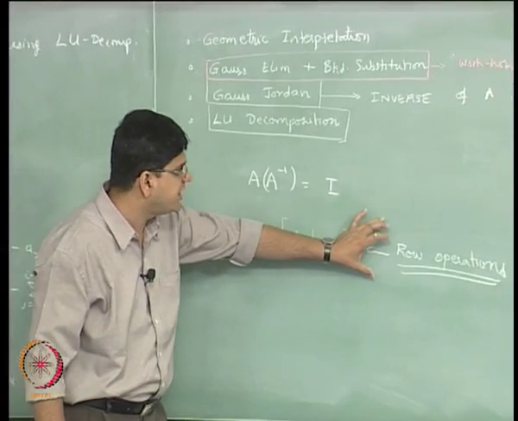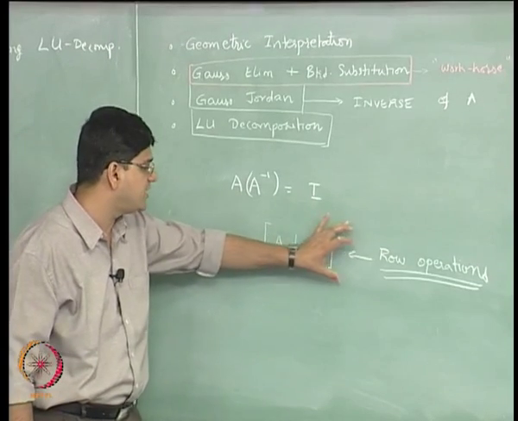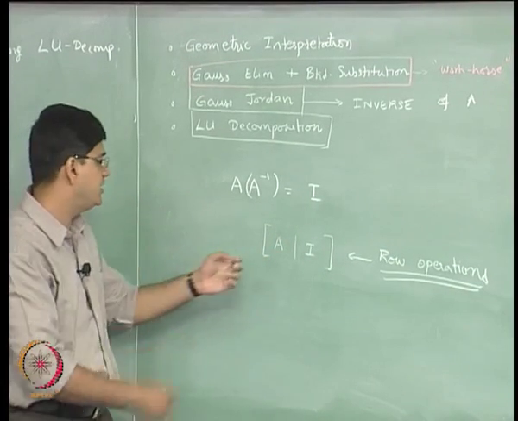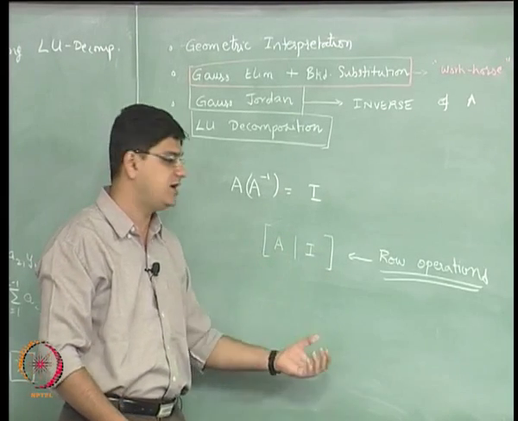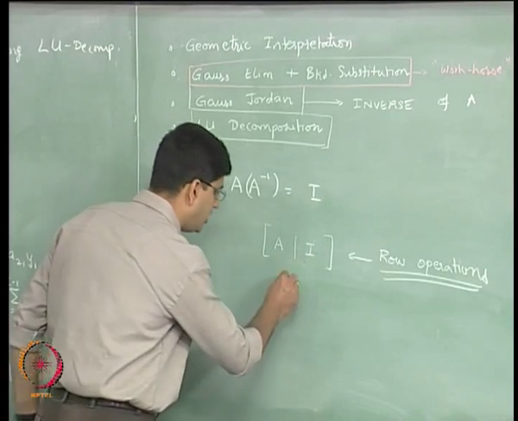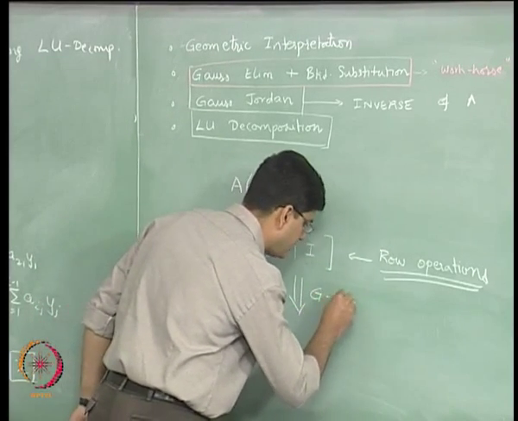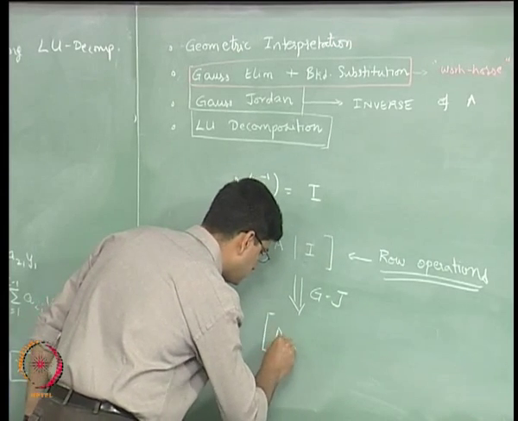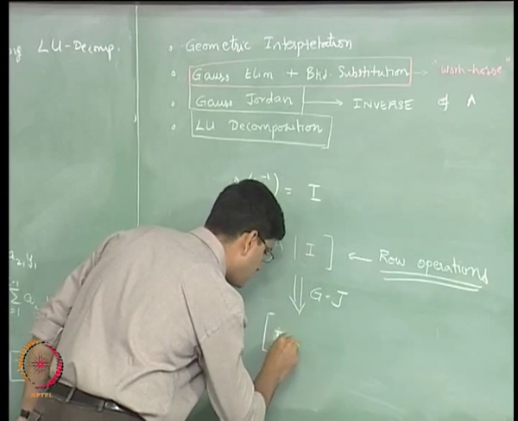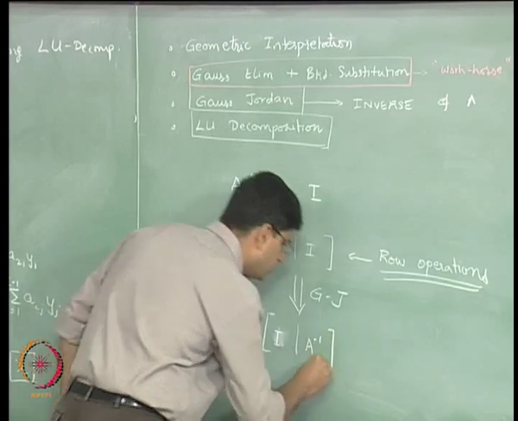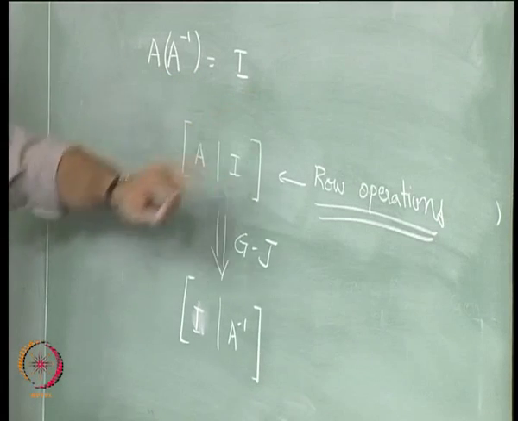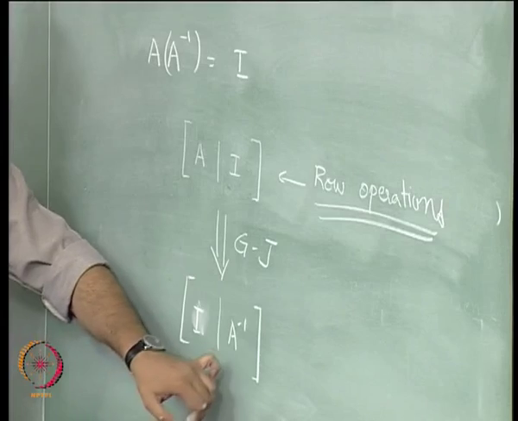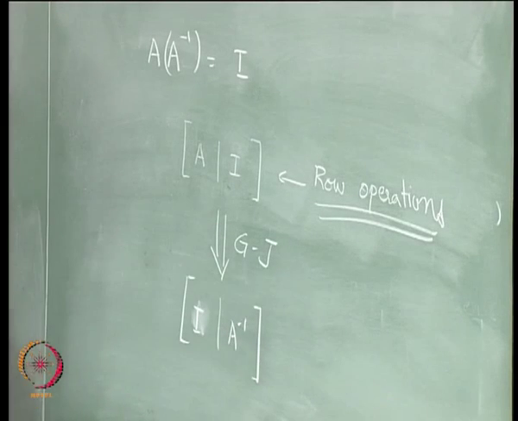So by using Gauss-Jordan on a matrix formed by concatenating A with an identity matrix of n by n dimensions, what we will end up getting is the A inverse after Gauss-Jordan. This is nothing but saying I times A inverse equals A inverse. That is what this particular thing represents, and the result that we get over here is the inverse of the matrix A, and that is the Gauss-Jordan method.